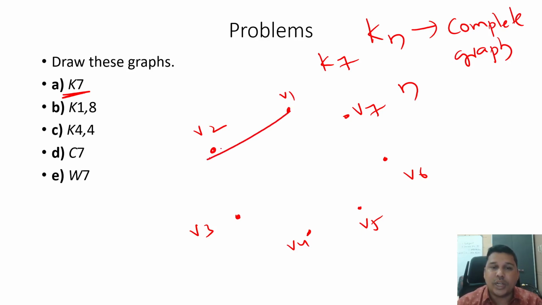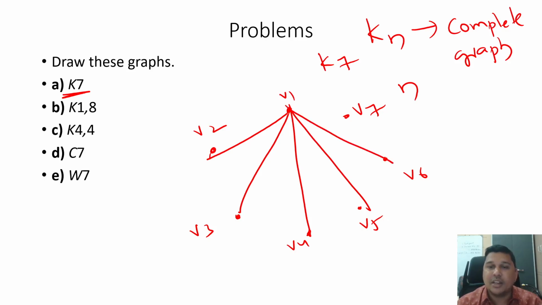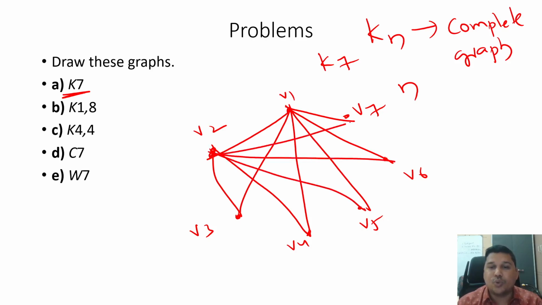See, V1 to V2, V1 to V3, V1 to V4, V1 to V5, V1 to V6, V1 to V7. Same way, V2 to V1 already exists. V2 to V3, V2 to V4, V2 to V5, V2 to V6, V2 to V7.